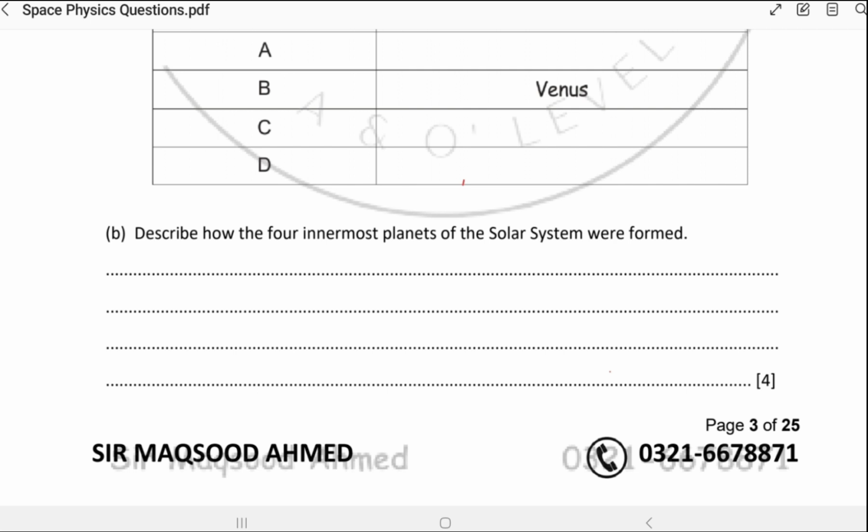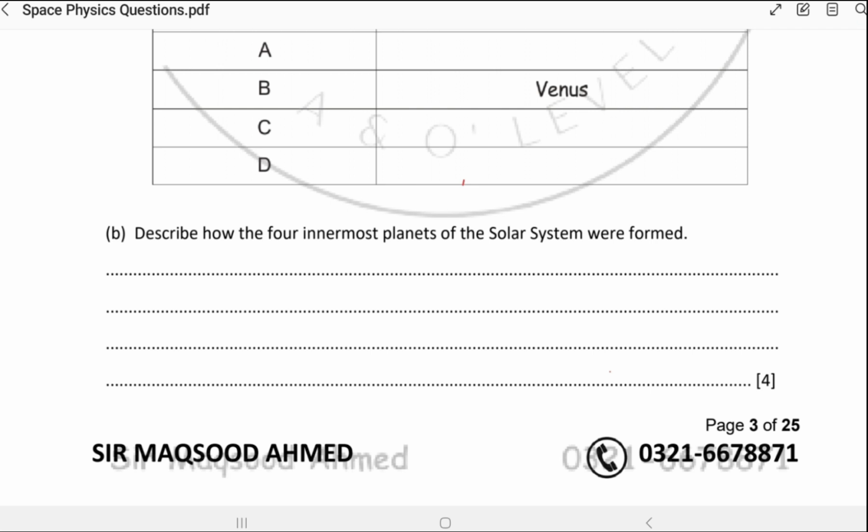As it collapsed, it began to spin and flatten into a disk. In the center, where the most mass gathered, the sun ignited, while in the disk particles collided and stuck together, forming larger and larger bodies. Over time, these converted into rocky planets. So we can say that the formation of planets is due to the process of accretion and the gravitational force of attraction.